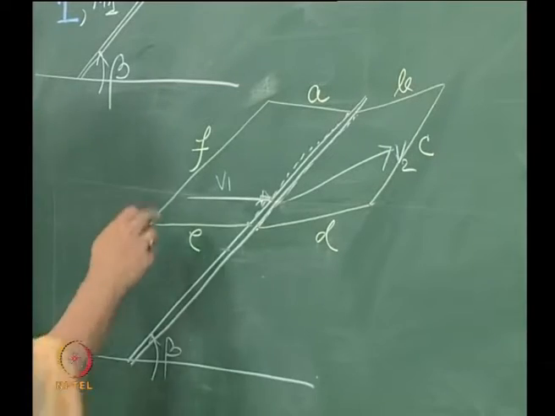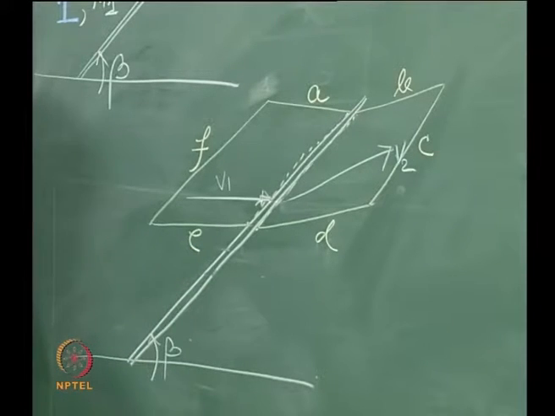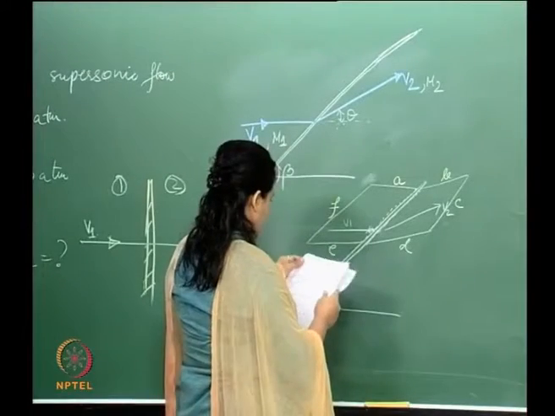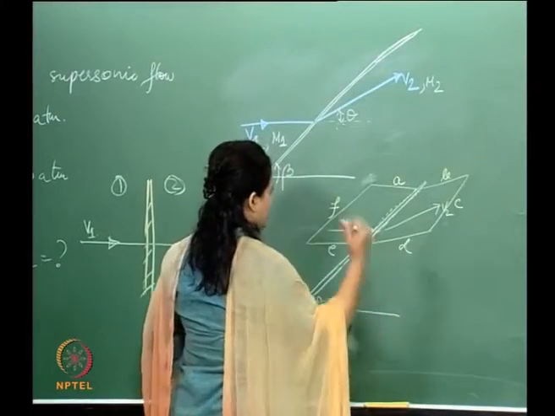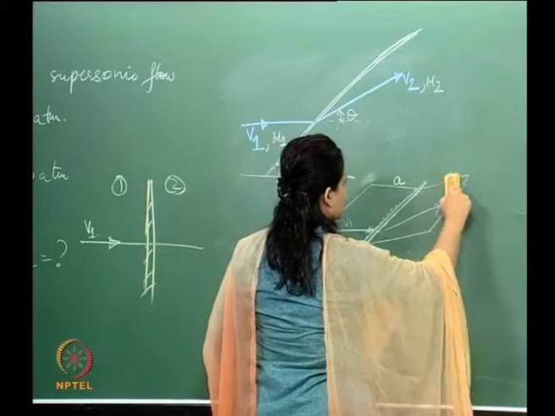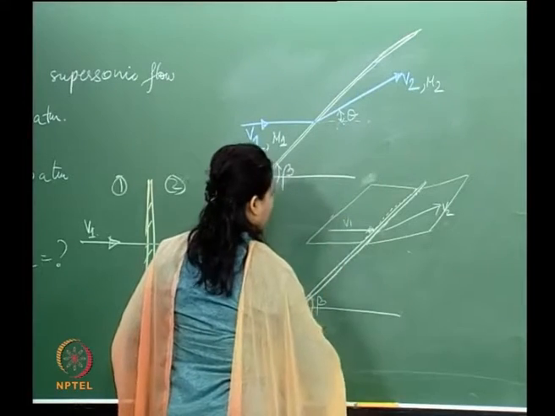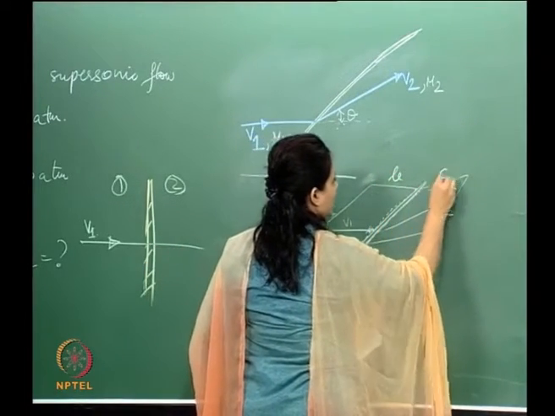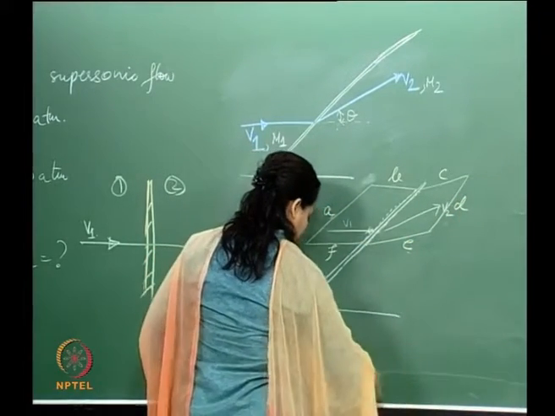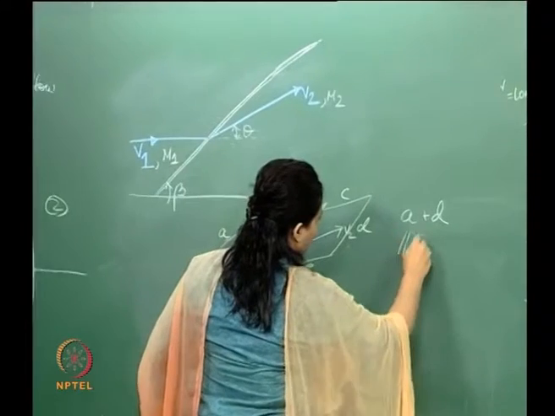Now this F and C are parallel to the oblique shock. Let's call the points A, B, C, D, E, and F. So now here, this A and D are parallel to the shock.